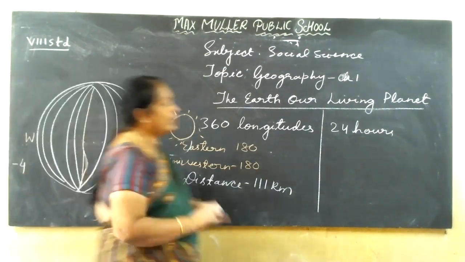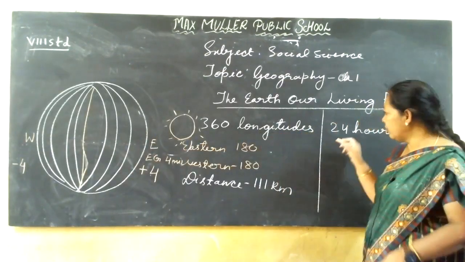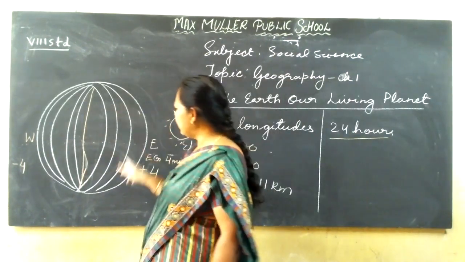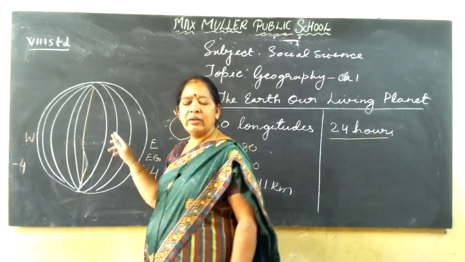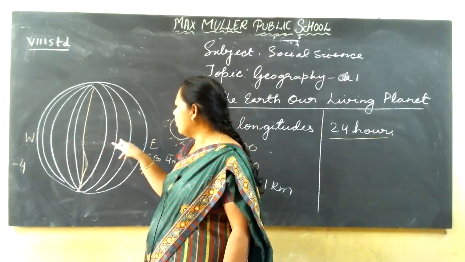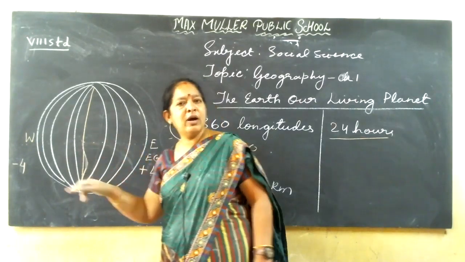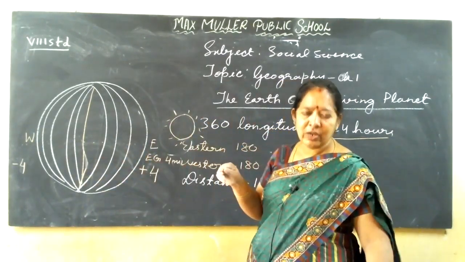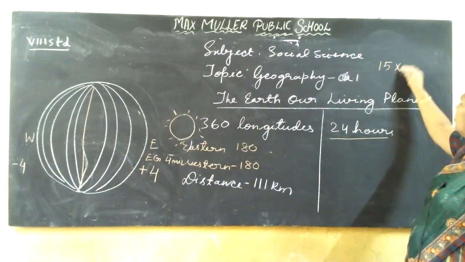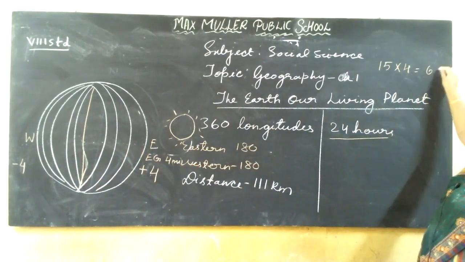So see here the hours, 24 hours. One important thing: from one longitude to the other one, 15 degrees are made. So 15 degrees each. So 15 into 4 is how much? 15 into 4 is 60 minutes.